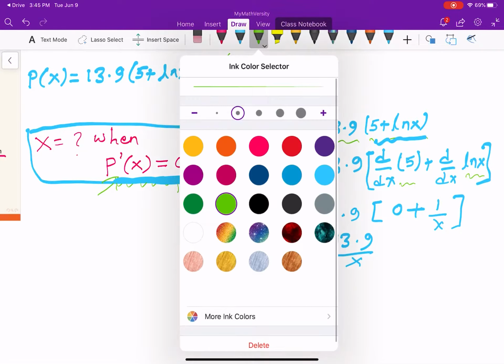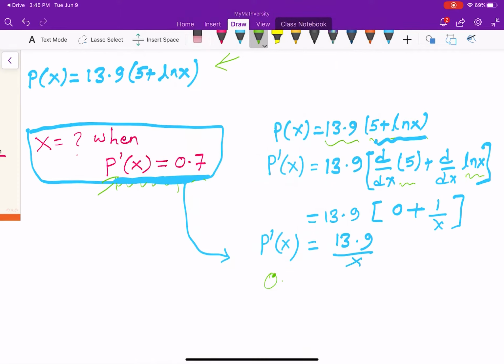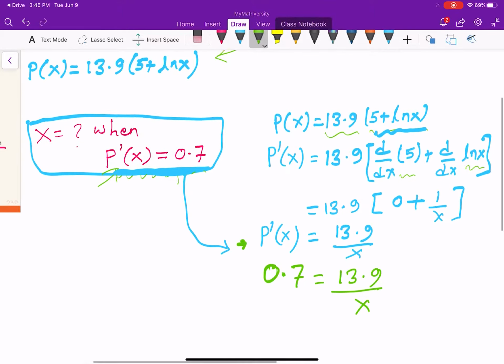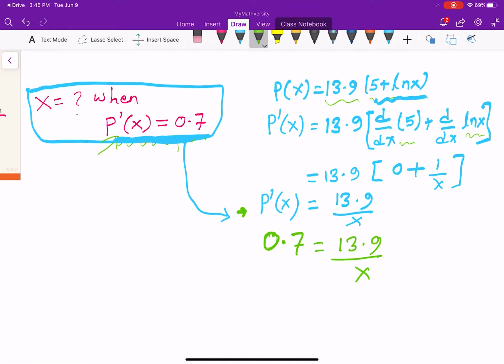Then I get 0.7 equals 13.9 over x. If I solve this equation, I will get the value of x that satisfies it. That means I will know for what weight the rate of change of the blood pressure is 0.7.